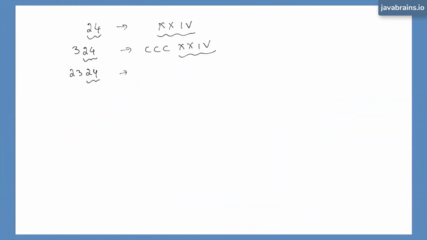So even in this case, when I say 24 is the common factor here, you notice 4 is what's causing this to happen, and 2 at the 20th location, 20 is what's causing this to happen. So as long as 2 is in the tens position, you're going to get XX, no matter what is happening on this side. Similarly, as long as 3 is in the hundreds position, you're going to get CCC, no matter what's happening over here or what's happening over here.